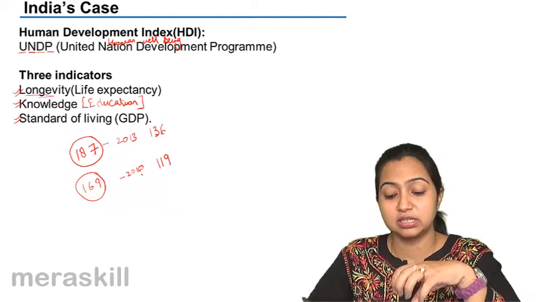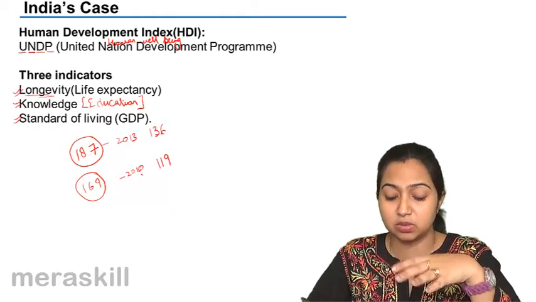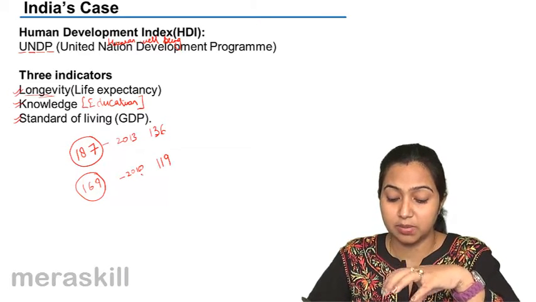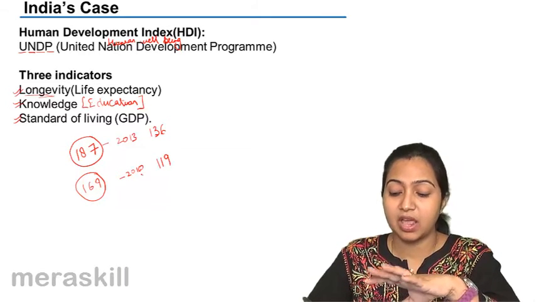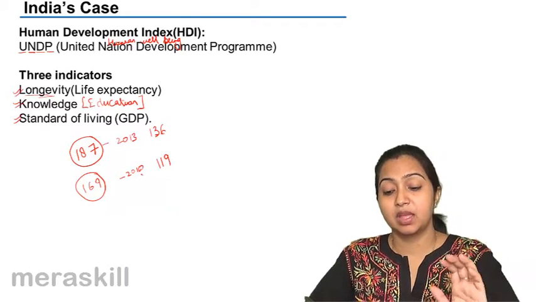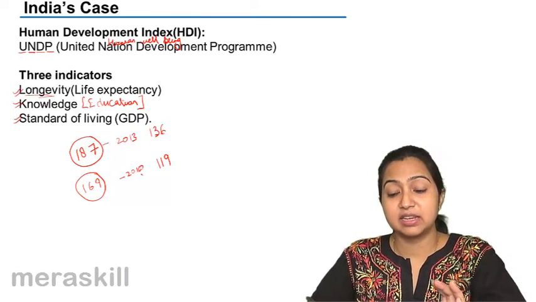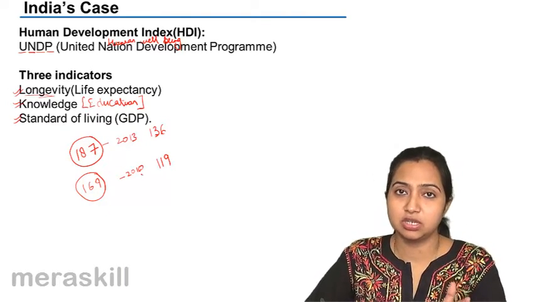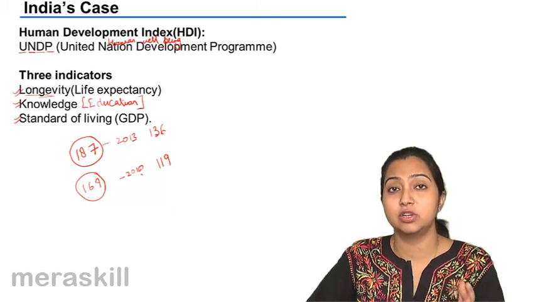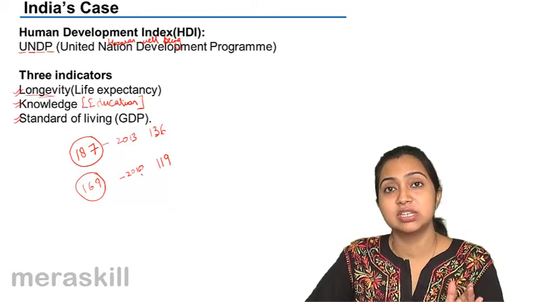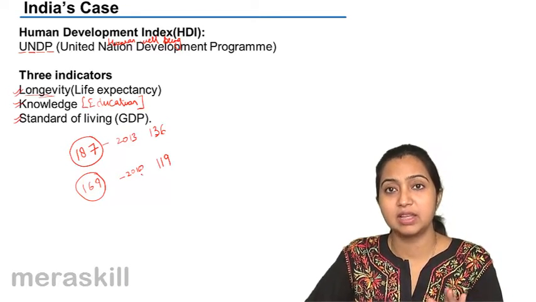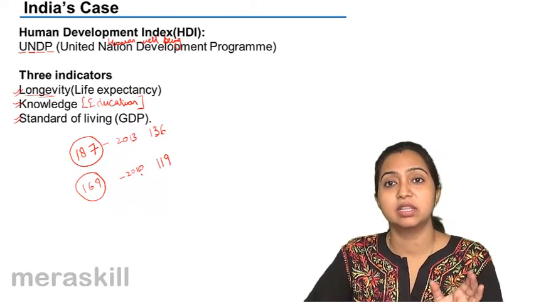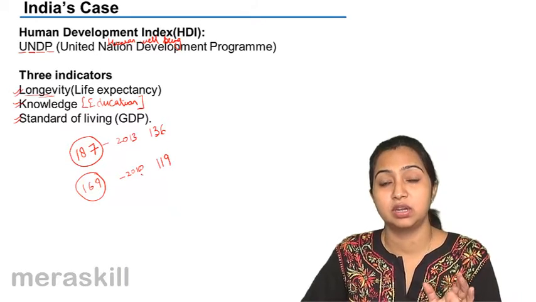And in 2013, when the number of countries increased by nearly 20, to 187, our rank was 136. Now the surprising thing is that many other Asian countries like Sri Lanka and Indonesia have a better position than ours. Their quality of life is better than the quality of life that we in India live.